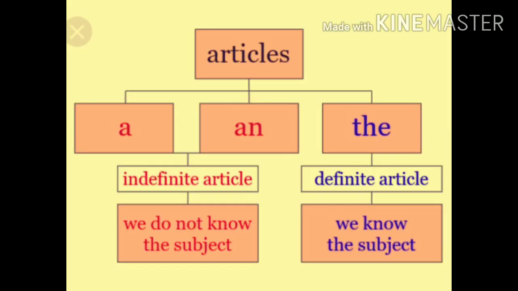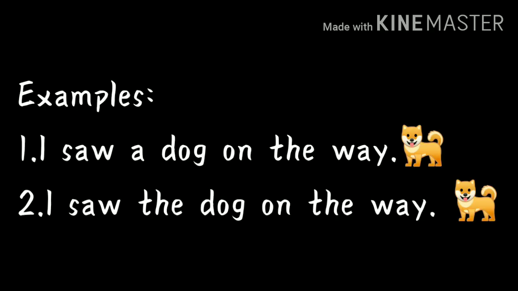So let us learn what is an indefinite article and what is a definite article. Indefinite article means we do not know the subject, whereas the definite article means we know the subject. Let us see some examples. Example number 1: I saw a dog on the way.